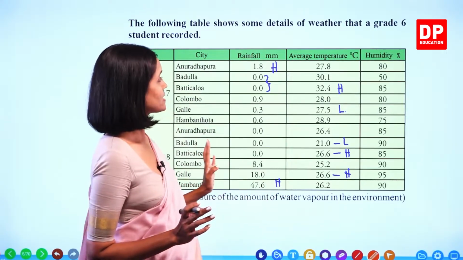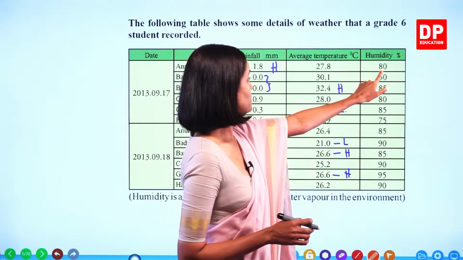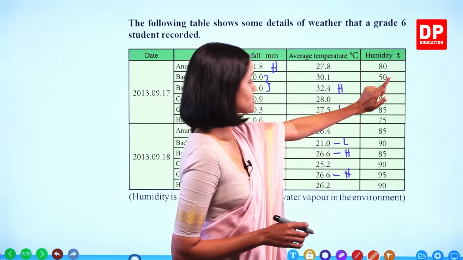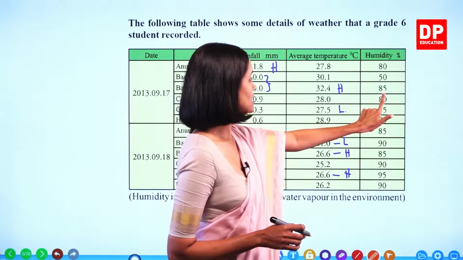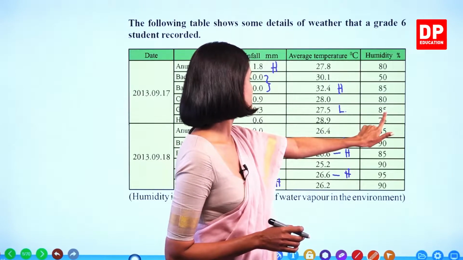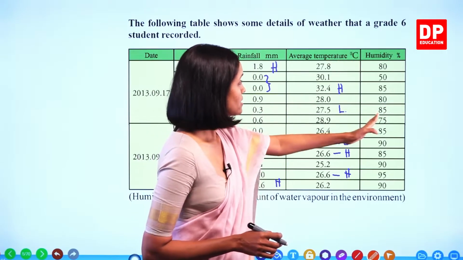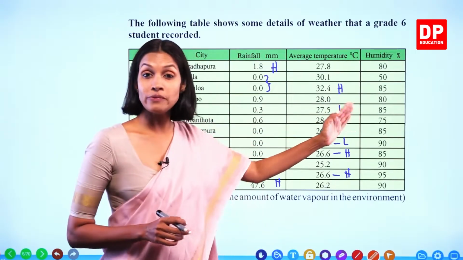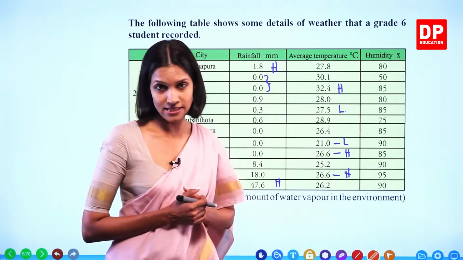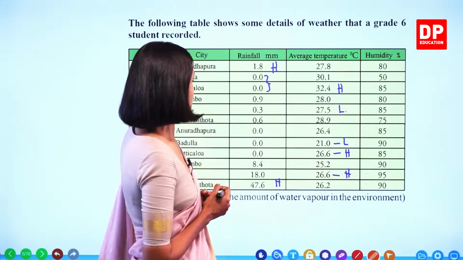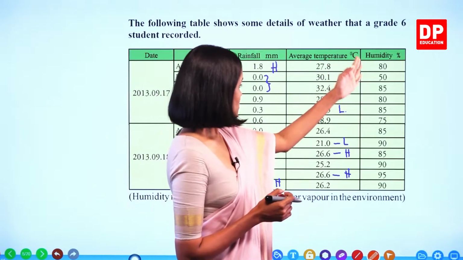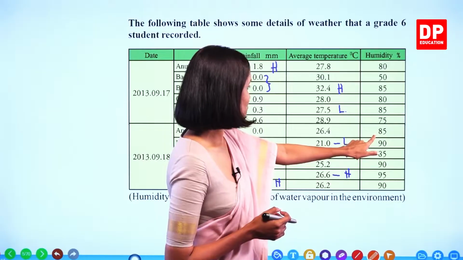Here humidity 80%, 85, 50%, 85%, 80%, 85%, 75%. So 80, 85% means more water vapor present in the atmosphere. So humidity of the second day 85%.